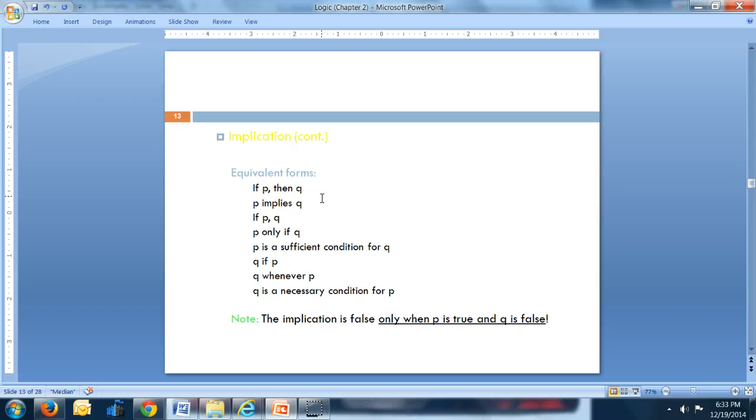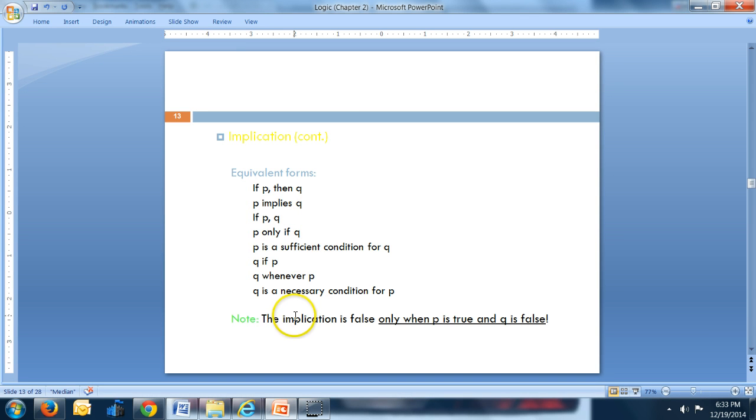Another meaning in here is that B implies Q. If B, comma Q. B only if Q. B is a sufficient condition for Q. Q if B. Q whenever B. Q is a necessary condition for B. So all of this has the same meaning as the implication if B then Q.